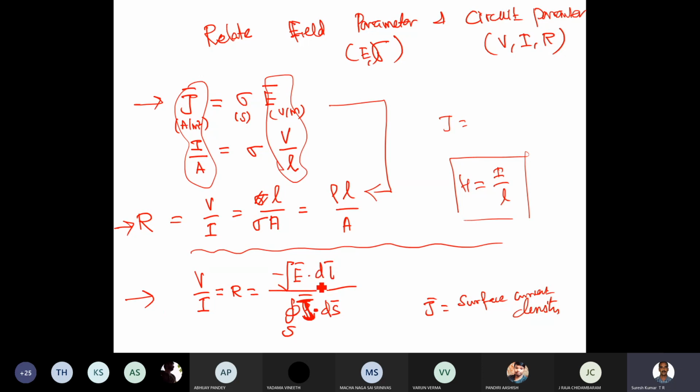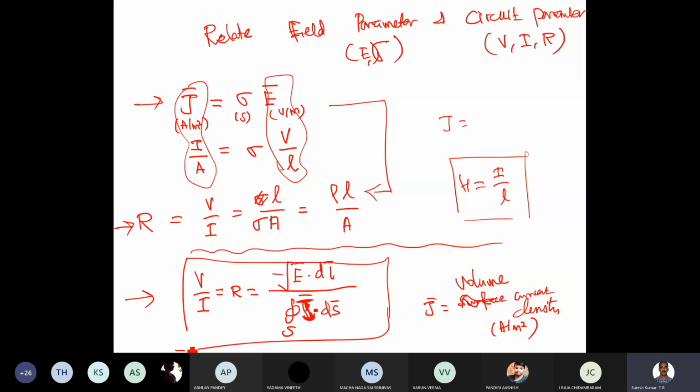If the electric field is given and the volume current density... sorry, this is not surface current density, this is volume current density. Be very careful. The unit is ampere per square meter. It's called volume current density because it's flowing through the volume, but it's passing through the surface area. That's why we take the unit ampere per square meter.